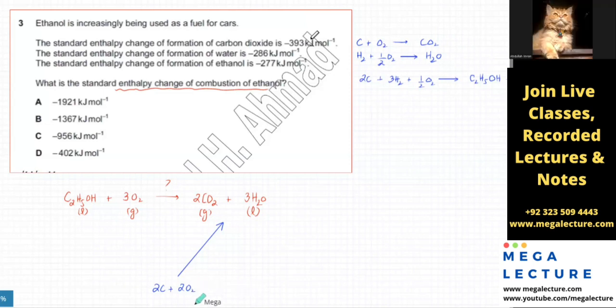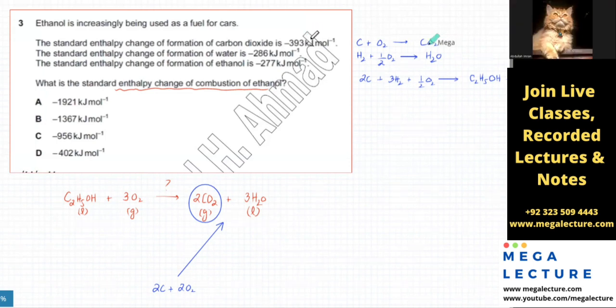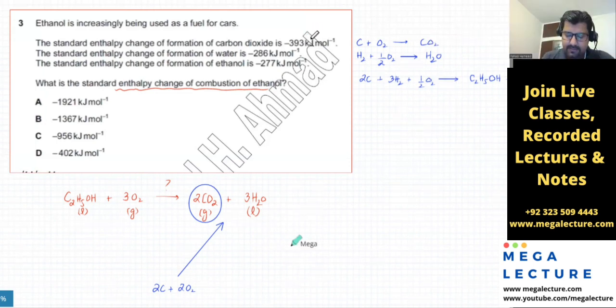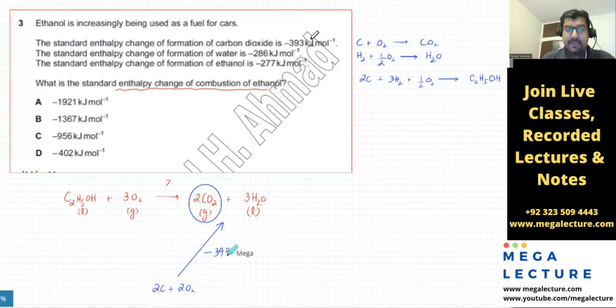So what is the amount of energy that is required to form 2 moles of carbon dioxide? That's given over here as minus 393 kilojoules per mole, and times 2 because I'm forming 2 moles of carbon dioxide, right?